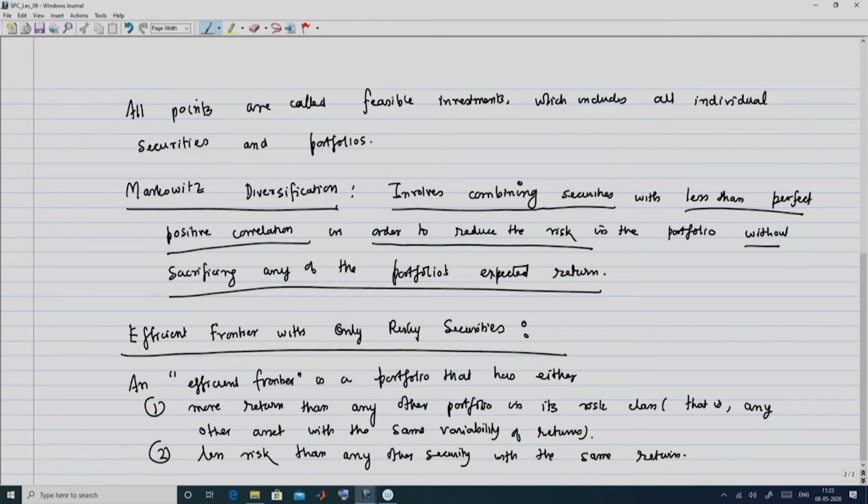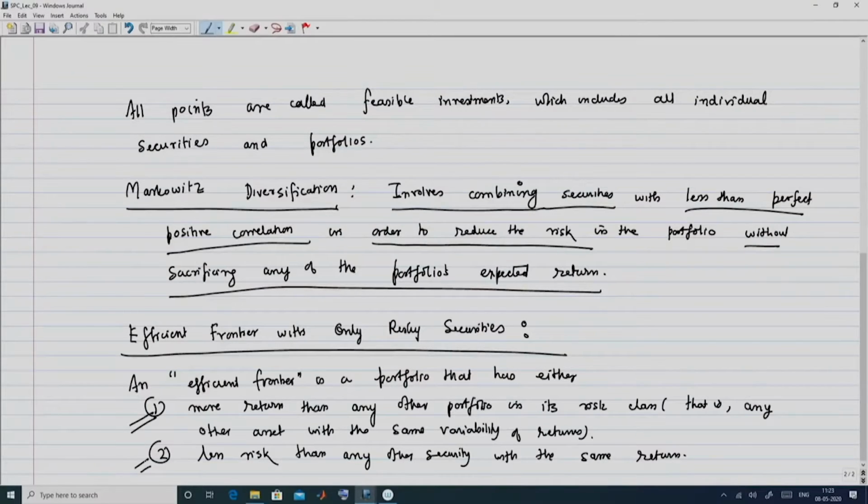same return. So, the first thing it says is that for a given level of risk, that is either sigma or sigma square, the portfolio on the efficient frontier would be the one which has the highest level of return amongst all those portfolios which have an identical amount of risk.